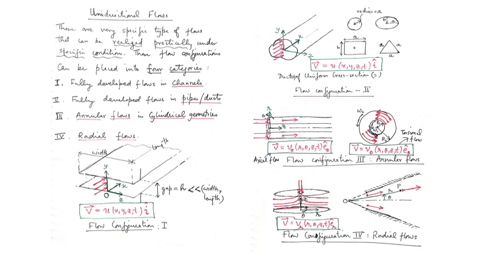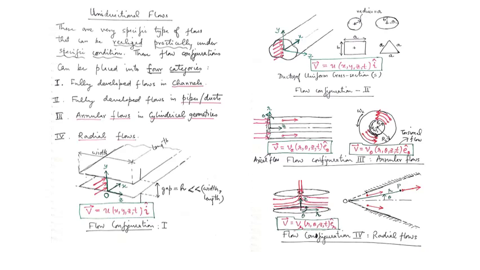So, moving on to unidirectional flows, because these are the most celebrated type of exact solutions that we have in fluid mechanics. In fact, they represent the majority of the exact solutions that are available.